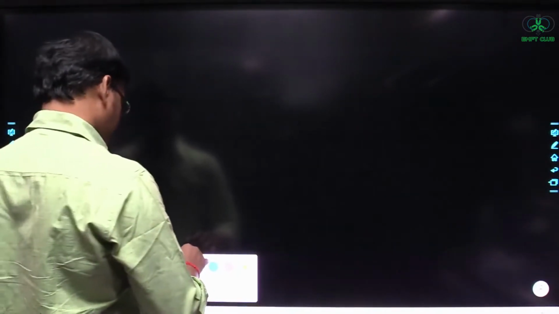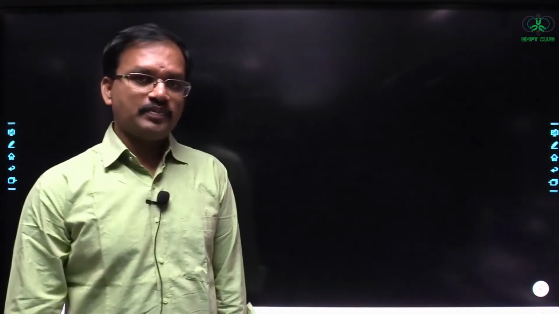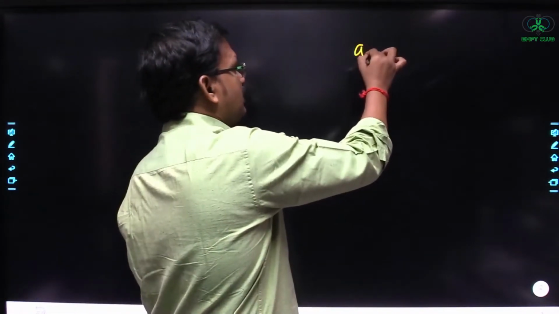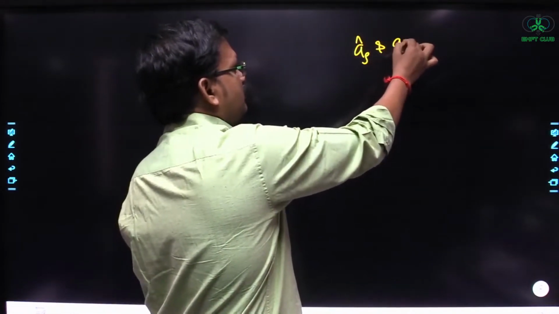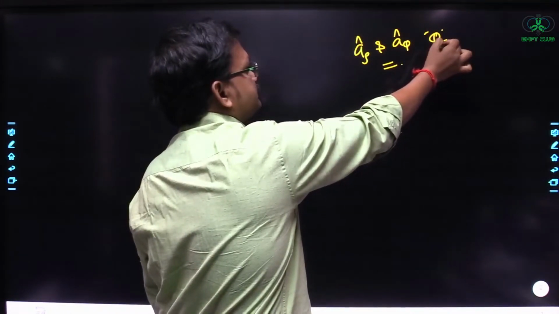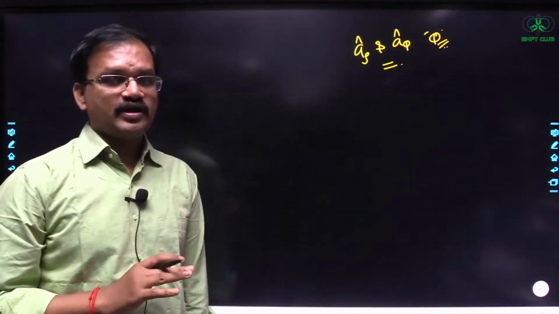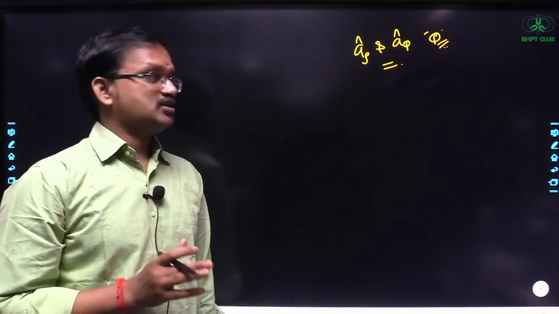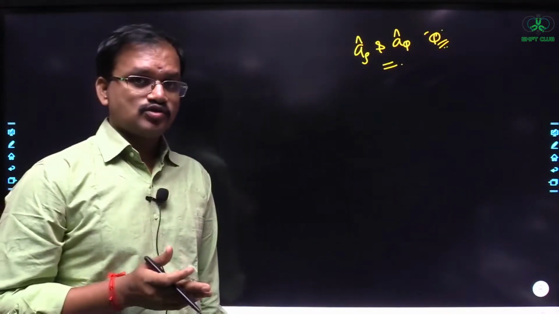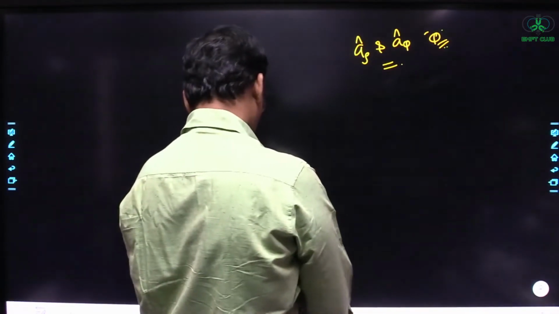Now see here, there we represented a_rho cap and a_phi cap in terms of phi. We have seen that the directions of a_rho cap and a_phi cap change with respect to phi. As phi varies, the directions change.